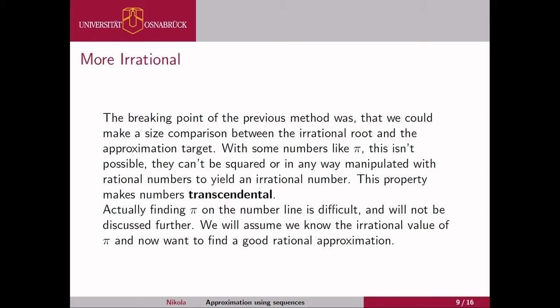And this actually poses a problem for the thing we're doing here. Because there are some numbers, like pi, for example, where you can't do that, right? So you're squaring root 2 and you get an integer, which is easy to compute. But for pi, you don't really have a way to do any manipulation of it in order to get a rational number, which is easy to compare. Squaring pi just yields another weird irrational number.